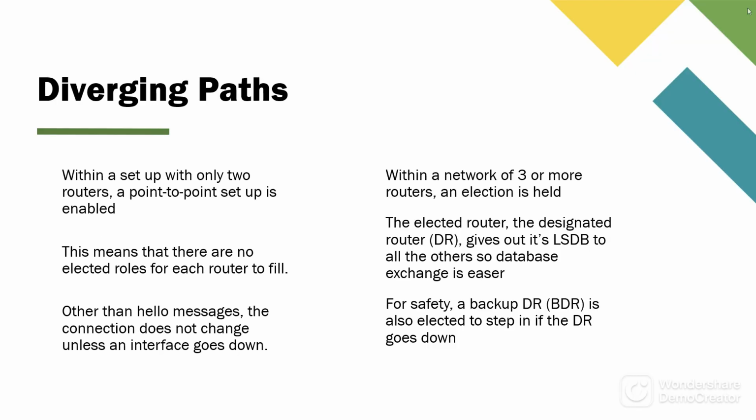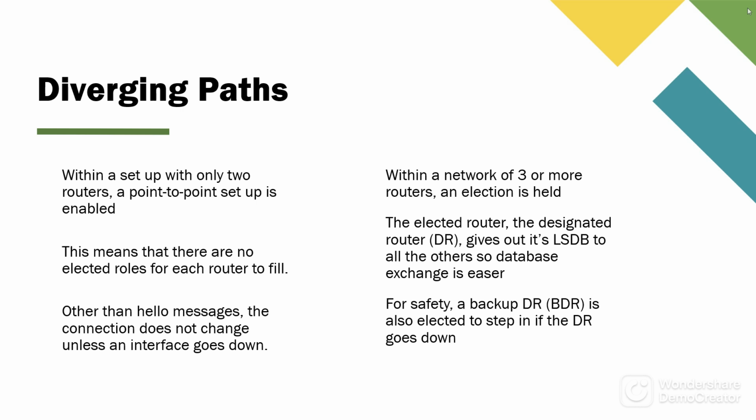The way OSPF works, after hellos are sent and LSAs have been stored in databases, there are two ways things can continue. In the case there are only two routers connected to each other, the routers will stay in this state, periodically sending each other hello messages.